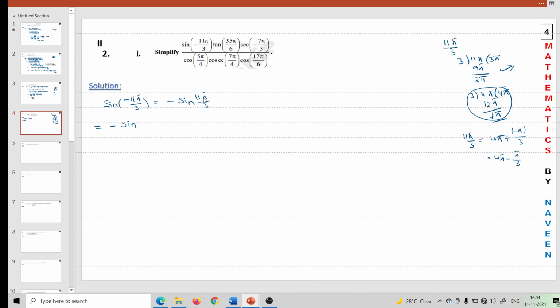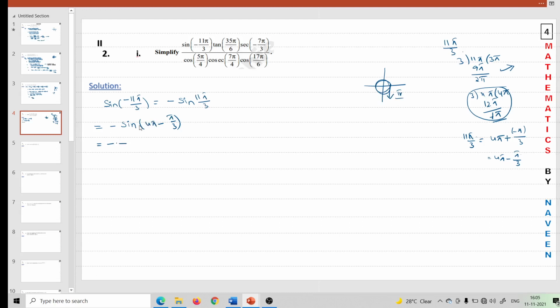So 11 pi by 3 can be written as 4 pi minus pi by 3. 4 pi means 2 complete rotations, up to here. Minus pi by 3 means this one, in the fourth quadrant. In the fourth quadrant, sine values are negative. Already minus is there, one more minus. And here pi by 2 is multiplied by 8.